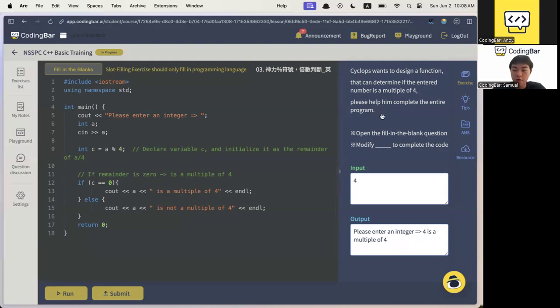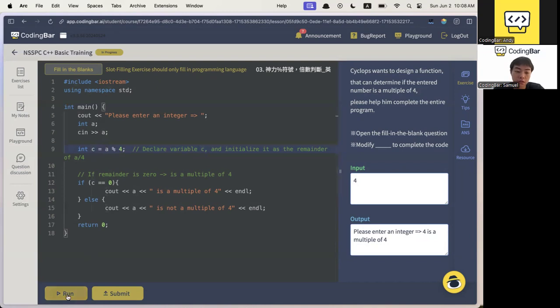So for this, we can use remainder. As we have talked about in the lecture, remainder returns the remainder after division. For example, if a is 100, the remainder of 100 divided by 4 will be 0. So C will be 0.